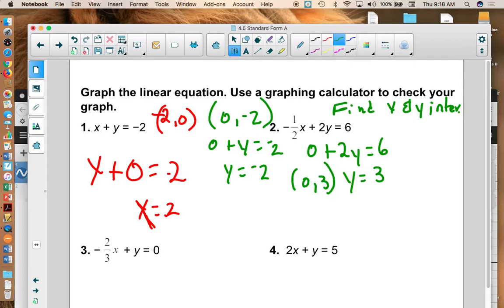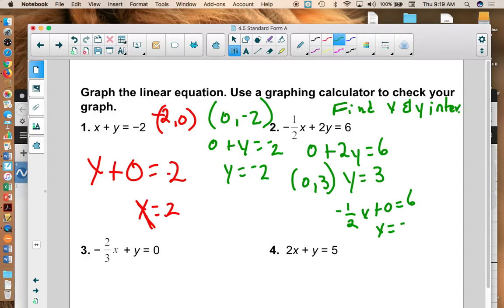Okay? Now, if I let Y equal 0, I would have negative 1/2 X plus 0 equals 6. How do I get rid of the negative 1/2? Divide it out or multiply by a negative 2. Do you agree? So that gives me X equals, well, what is 6 times negative 2?